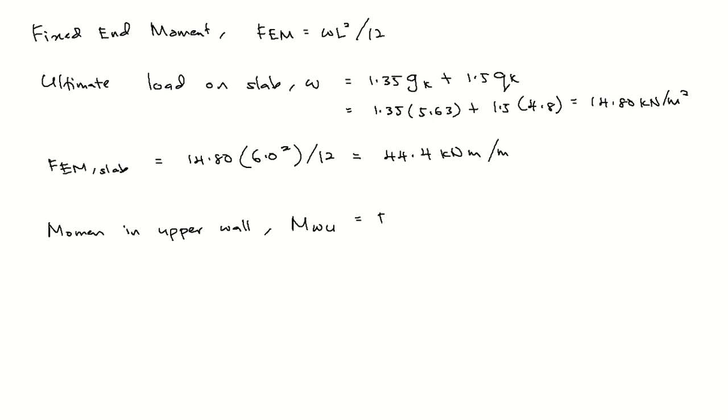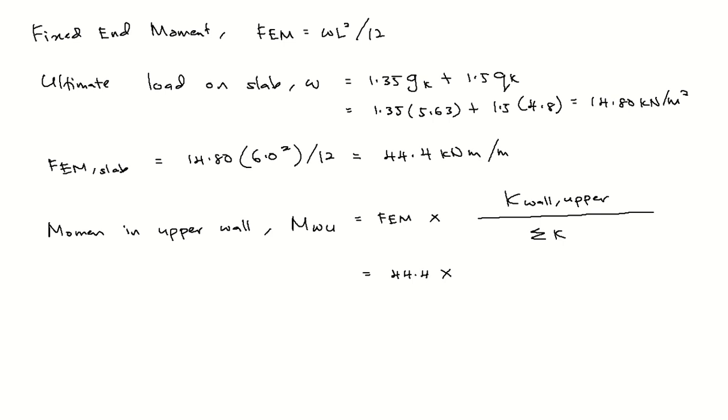So this is equals to FEM times the stiffness K wall upper divided by the total K. FEM is 44.4, so 44.4 times K wall upper divided by total K.